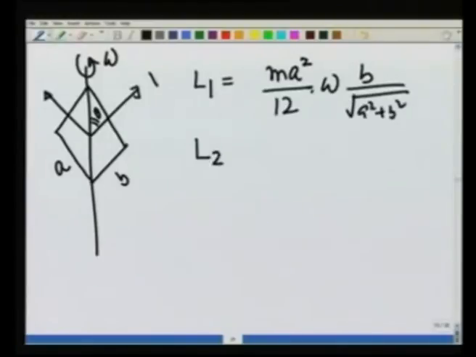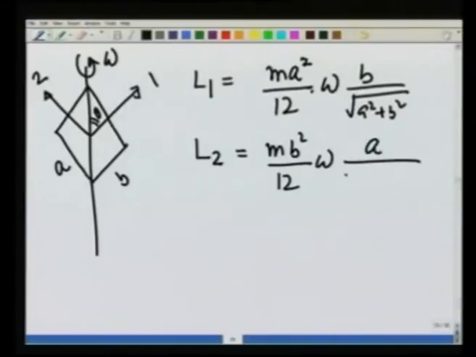Similarly, L2, this is axis 2, is going to come out to be mb²/12 omega sine theta, which is a over the square root of a² plus b², and L3 is 0.